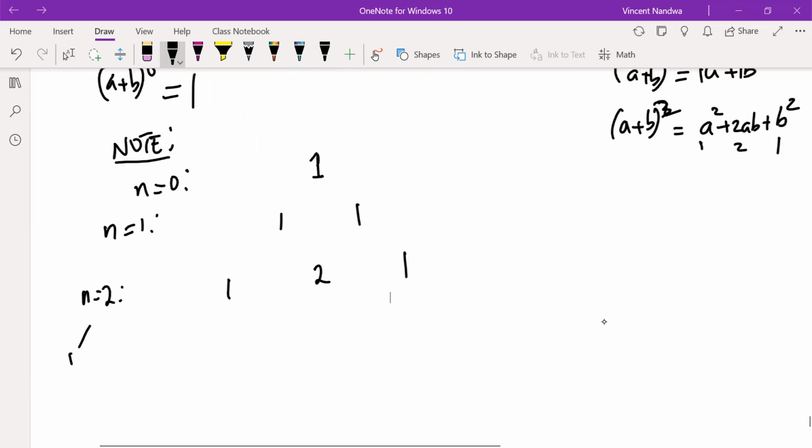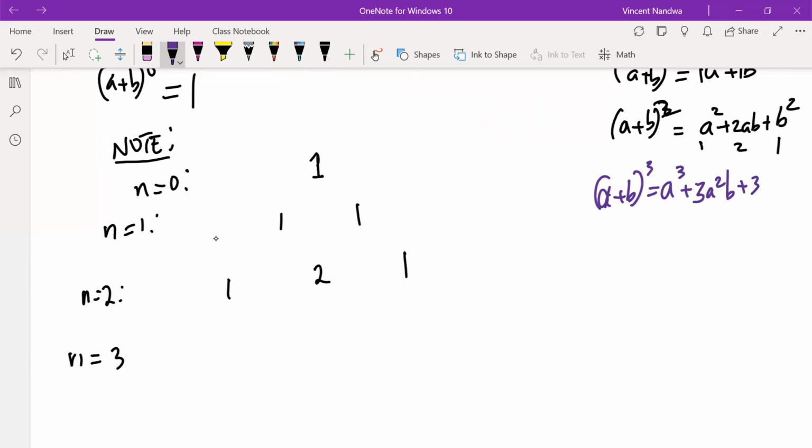When n is 3, we found out that the expansion of (a + b)^3 was a cubed plus 3a squared b plus 3ab squared plus b cubed.